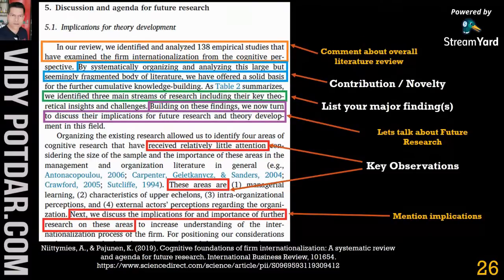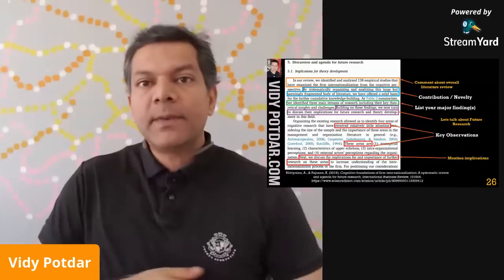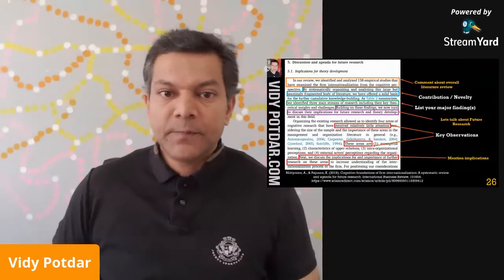Let's see what they are doing in the next paragraph. Organizing the existing literature allowed us to identify 4 areas of cognitive research that have received relatively less attention. That line itself is a statement that you can apply in your paper as well.